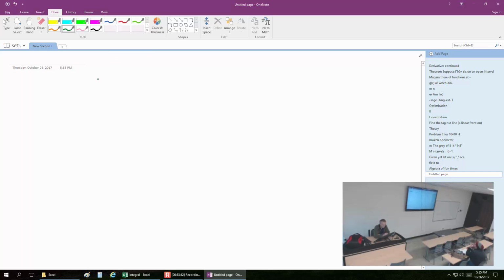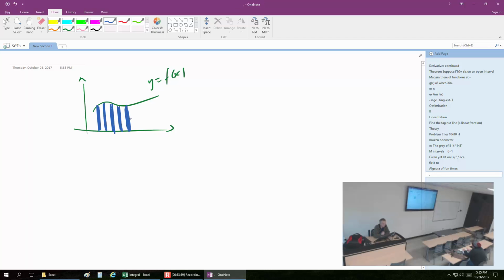So we have a function y equals f of x, right? And then I have the bars of my Riemann sum, and what I'm trying to think about is what if, say, I multiply by 2. If I multiply f by 2, then each of these bars will double, right?